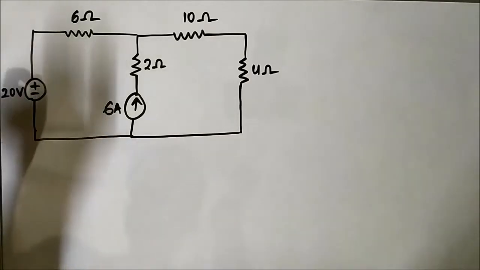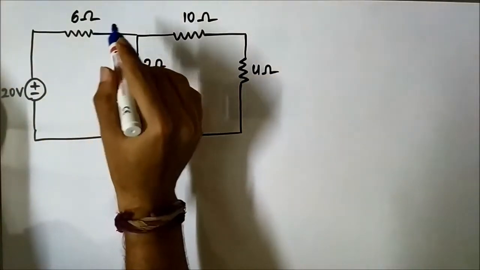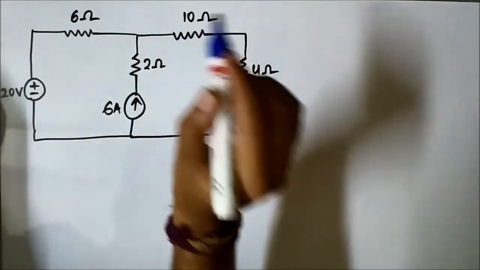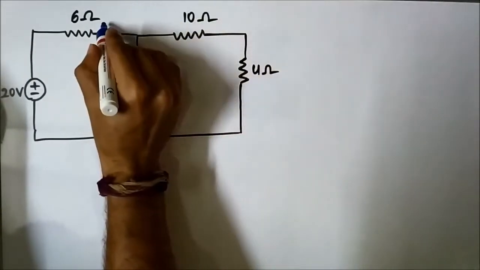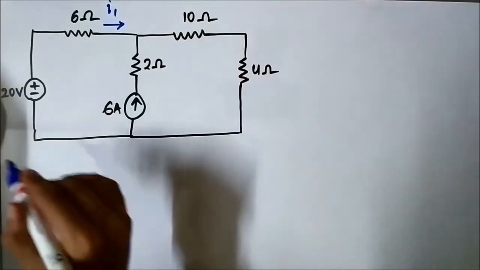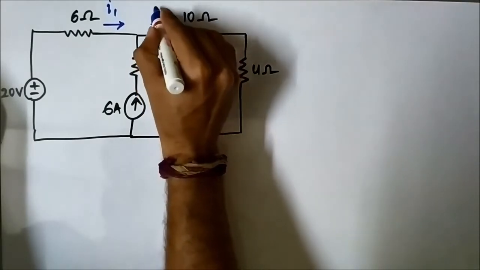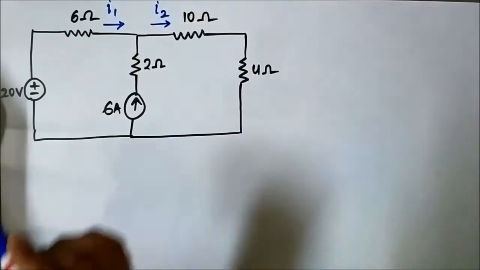First we have to assign arbitrary values to the branch currents. Let us call this branch current I1 and this branch current I2.